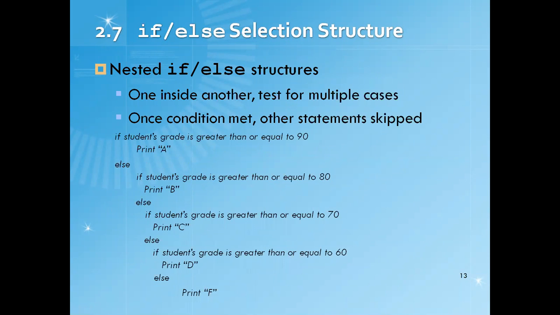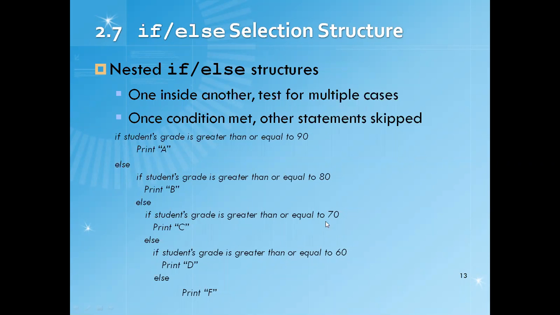Sometimes the structure has more than two conditions, so how can we do that? Let's see the example. If the student's grade is greater than or equal to 90, print A. Otherwise, if the grade is greater than or equal to 80, it's B. Each time, if you still have another condition, you can add another if and add your condition.